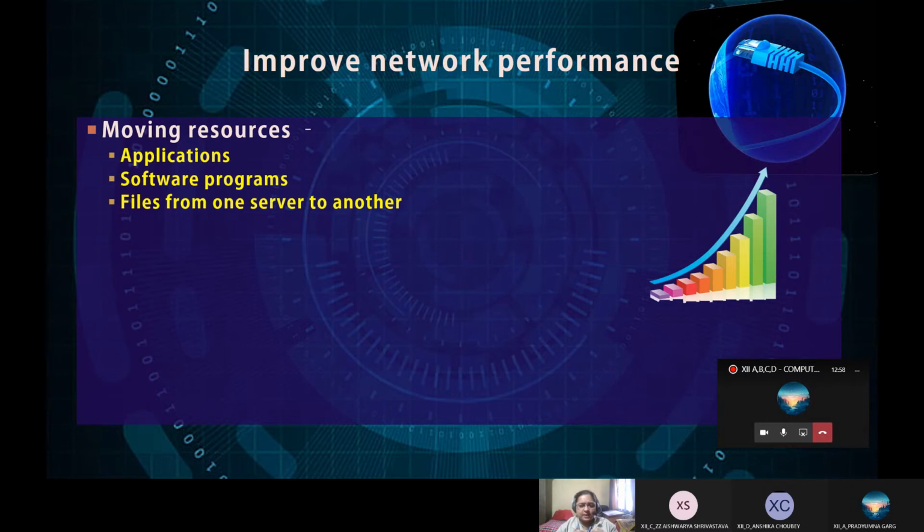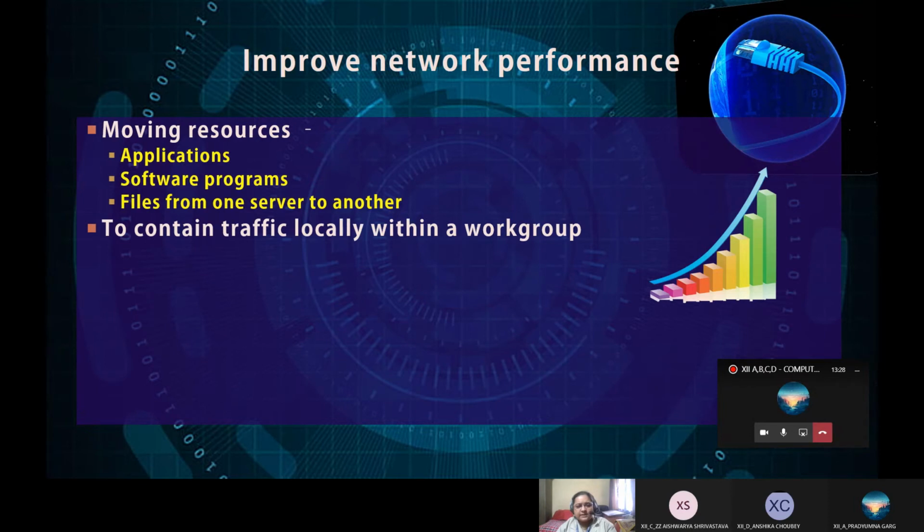It is just communication between one system and another system, which may be on the same network or any other network. So what do we need to move? Basically, maybe applications, maybe software, or maybe we need to send and receive files, upload or download files, or we need to simply send some messages. So that is moving resources.